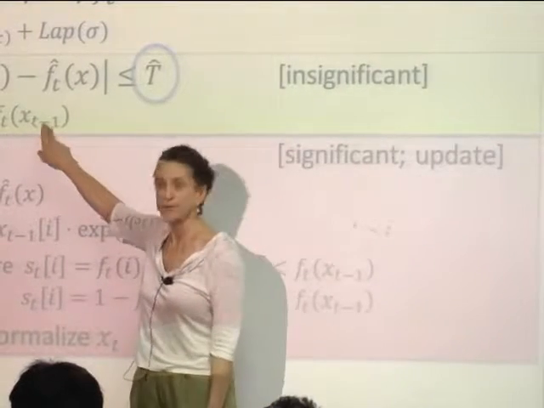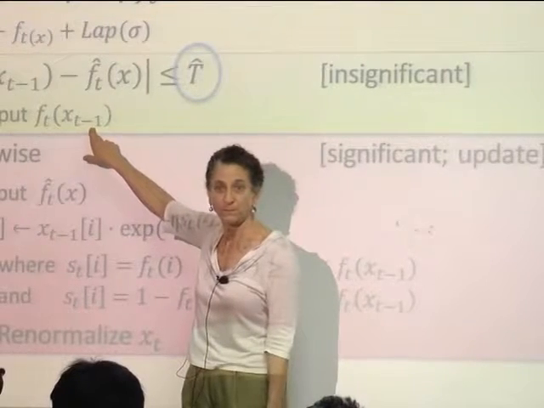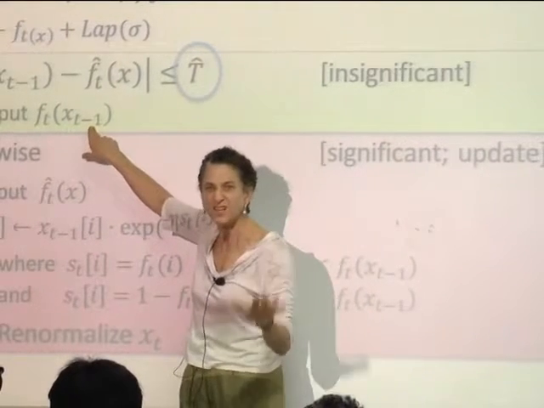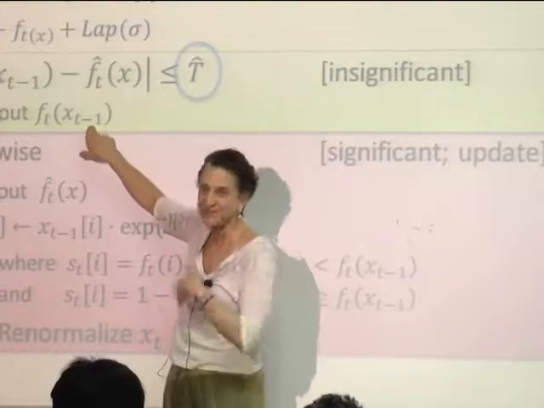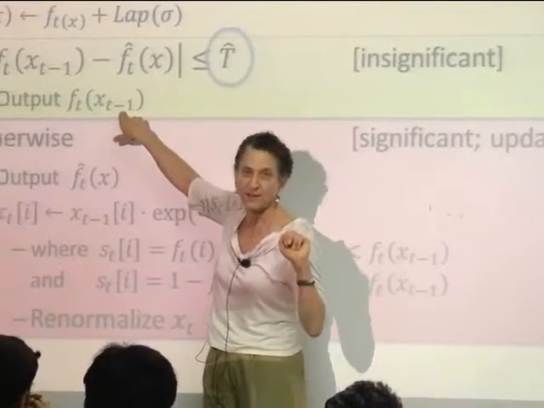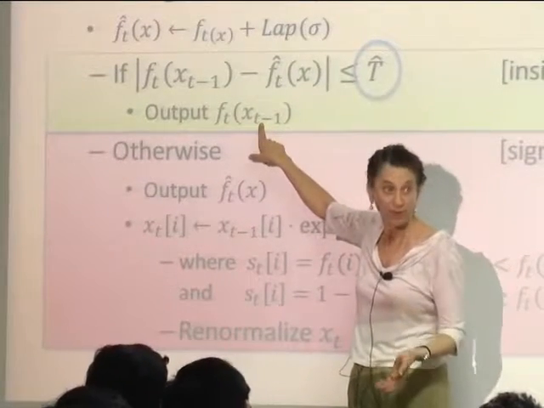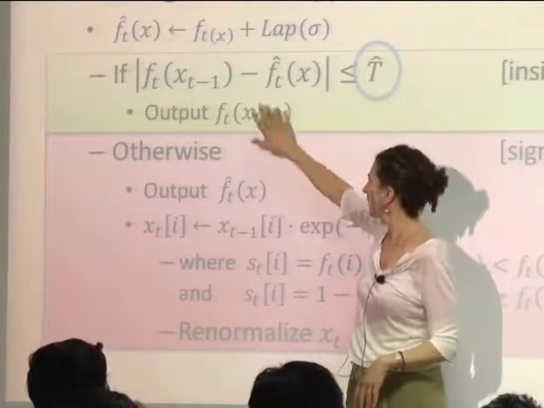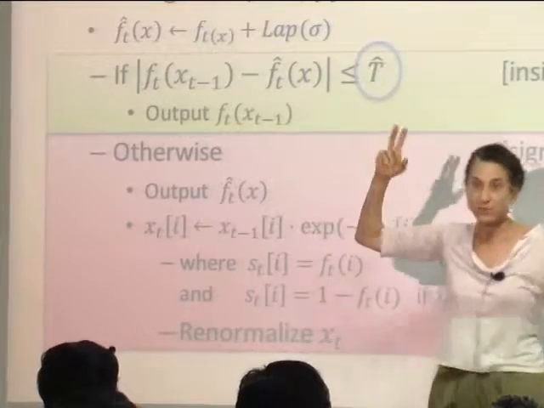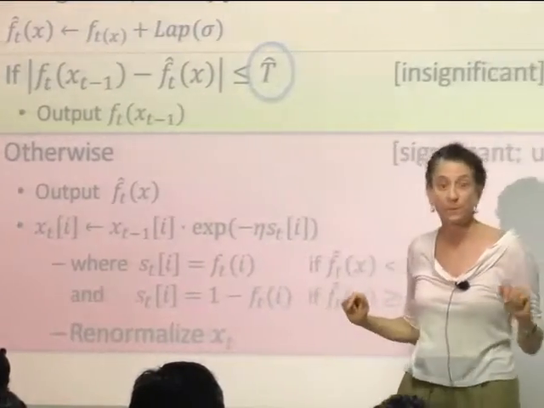You've got it in xt minus 1. That's the semantics of the phrase insignificant. The existing approximation, xt minus 1, is good enough. So you just set xt to xt minus 1, and you take that to be the answer to the query.